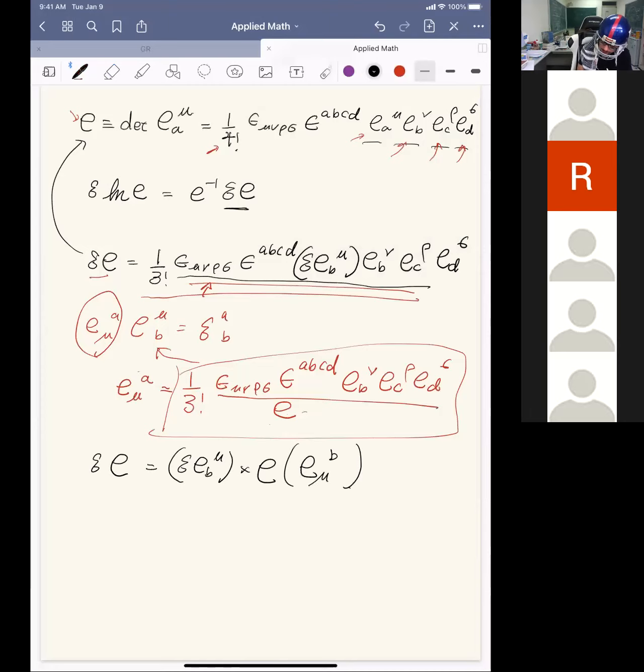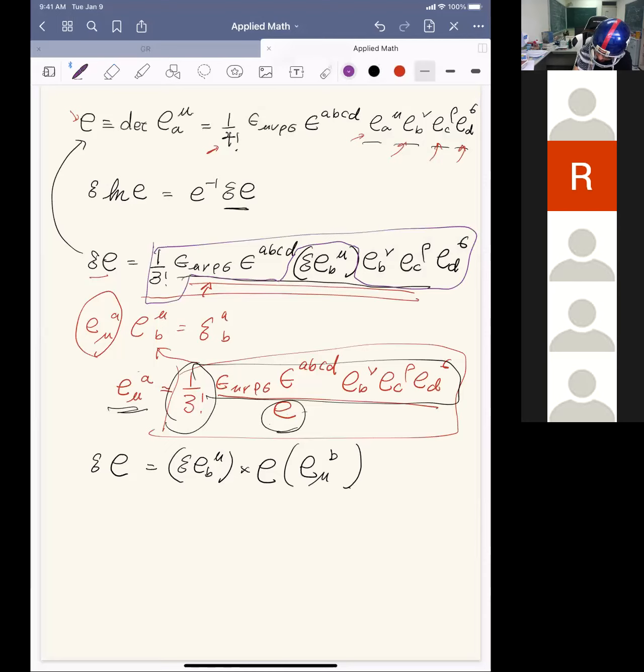It's just this, because the inverse is just 1/4! of this, but with an extra factor of E. So this piece is exactly the same as this piece, but without the E. These are just identities.